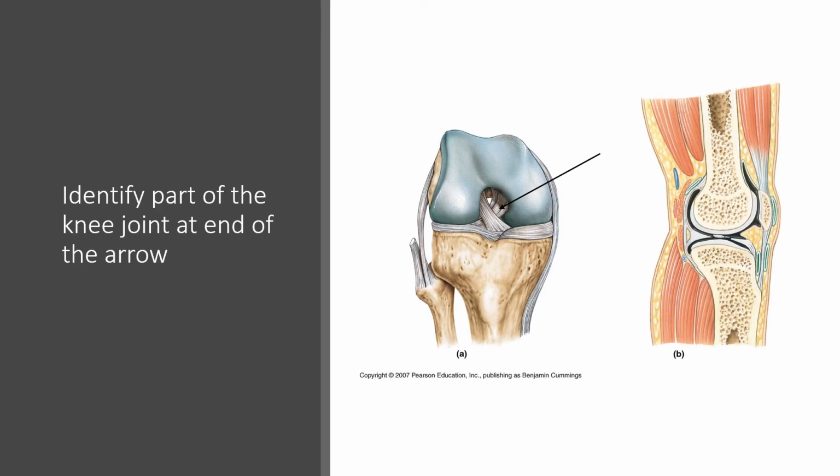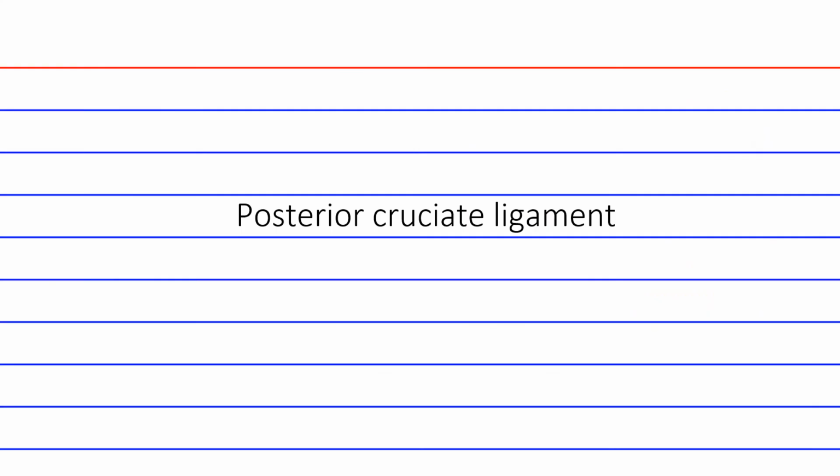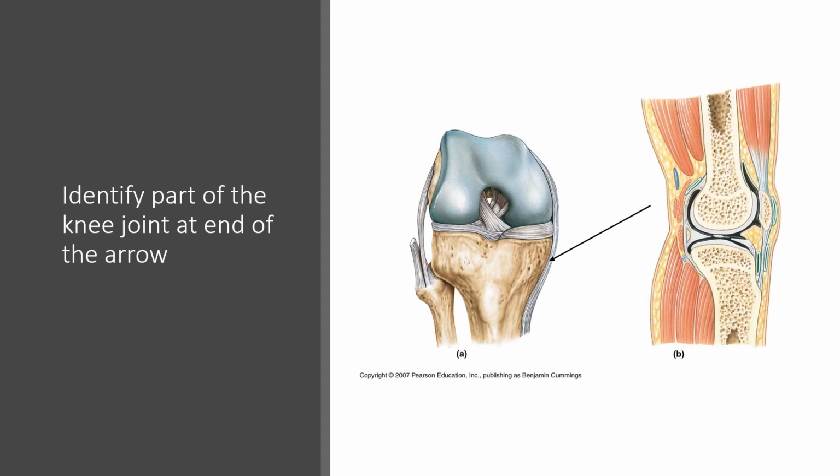Identify part of the knee joint at the end of the arrow. The answer was the posterior cruciate ligament. Once again, you want to make sure that you write this out on an exam. Do not abbreviate. Identify part of the knee joint at the end of the arrow.